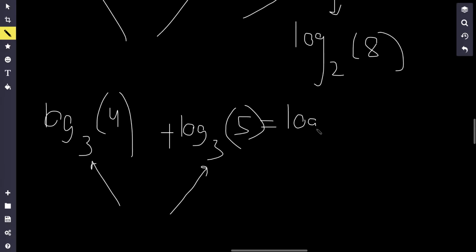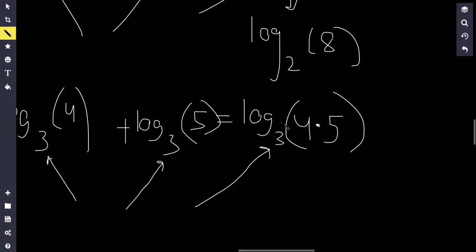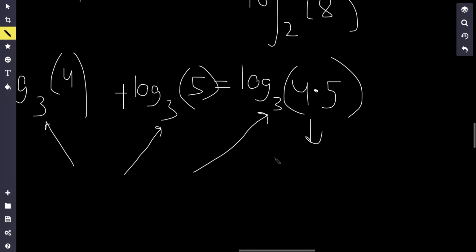So our answer is still going to have this log base 3. Keep the base, and take the 4 and the 5, the things inside the parentheses, and multiply them together. So this is just going to be equal to log base 3 of 20.